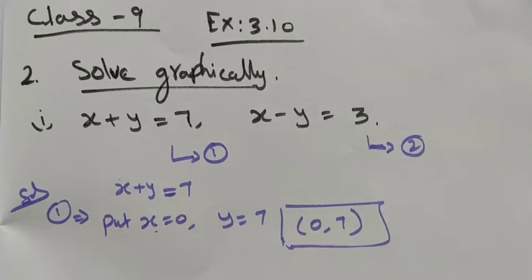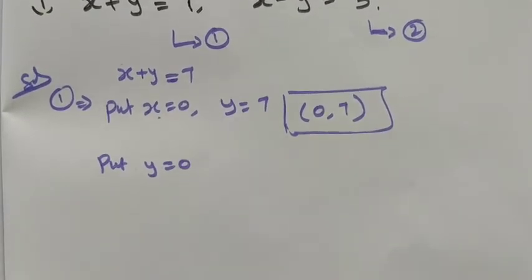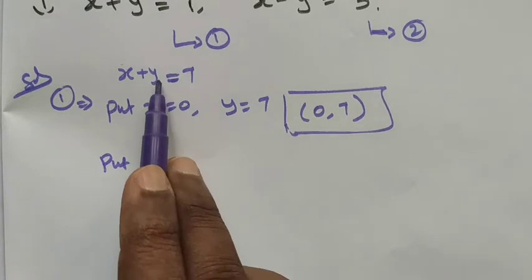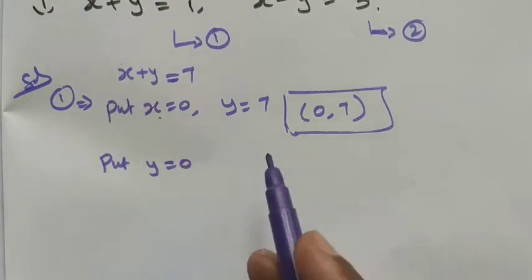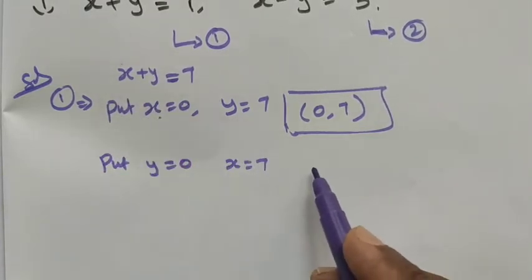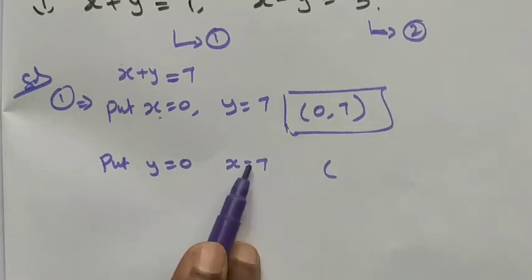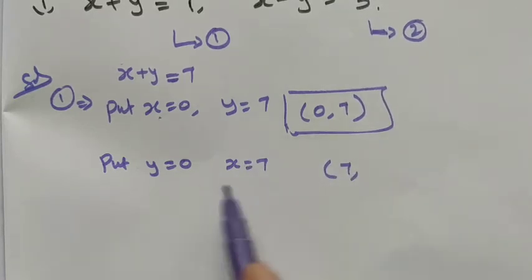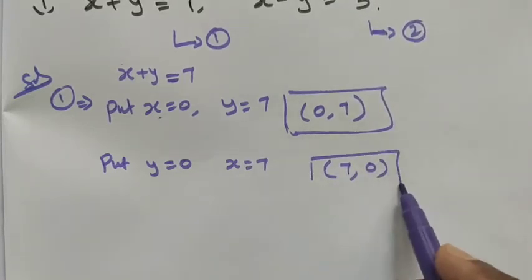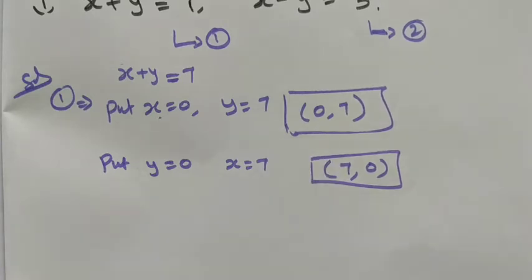Next, put y is equal to 0 in the place of y. If you put 0, we get x is equal to 7. Then the ordered pair is first x value 7 and then y value 0. So we get two ordered pairs, right? Two ordered pairs are enough to draw a straight line, right?